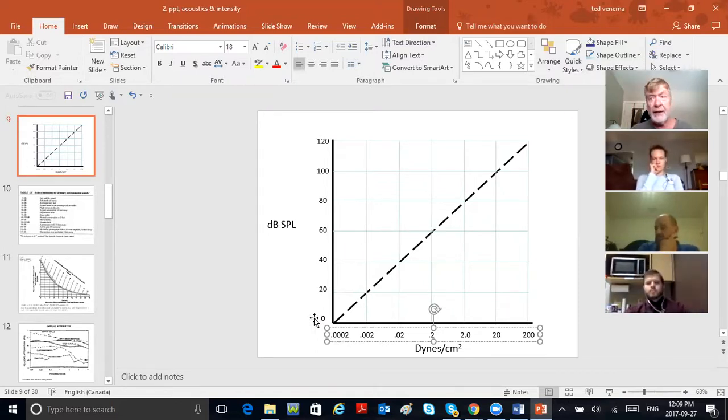I can add 50 dB of gain to a 10 dB input. I can add 50 decibels of gain to a 20 dB SPL input. I can add 50 decibels of gain to a 30 dB SPL input. So the 50 is relative. Because it's relative, I can add that gain to any particular dB SPL input.